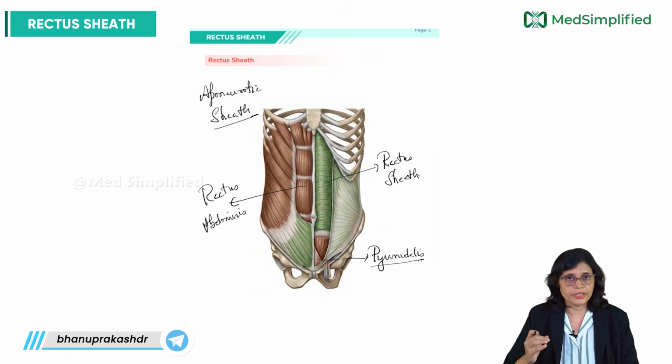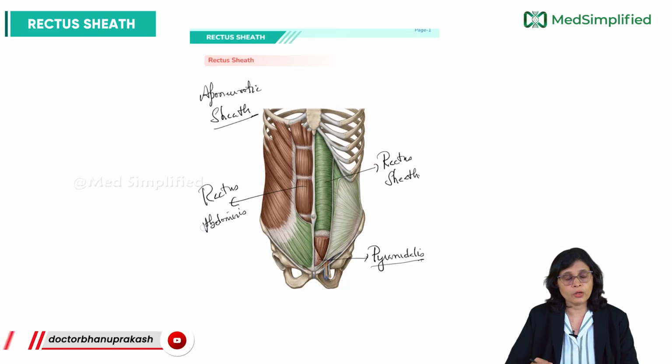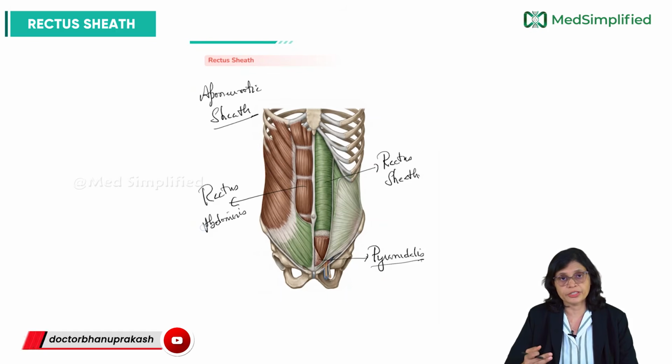So why do we have the rectus sheath? What is its function? One thing, it prevents the bowing of the rectus abdominis muscle. Now the rectus abdominis muscle is a straight, flat, long muscle. Whenever there is raised abdominal pressure, the muscle should not bow because there is no deep fascia in the anterior abdominal wall. So to prevent the bowing of the muscle, we have this rectus sheath.